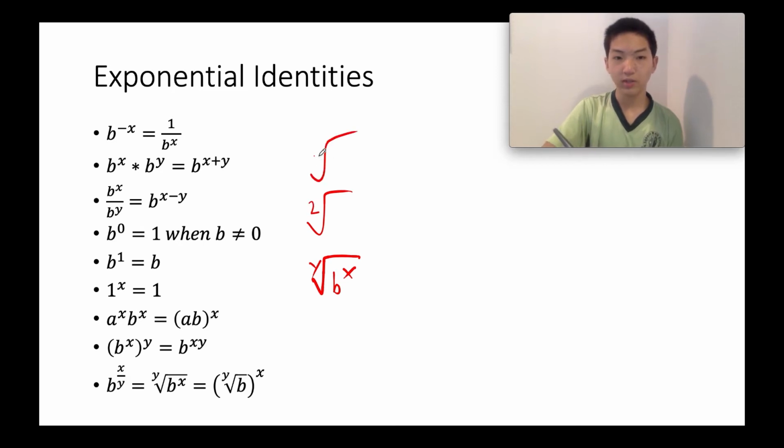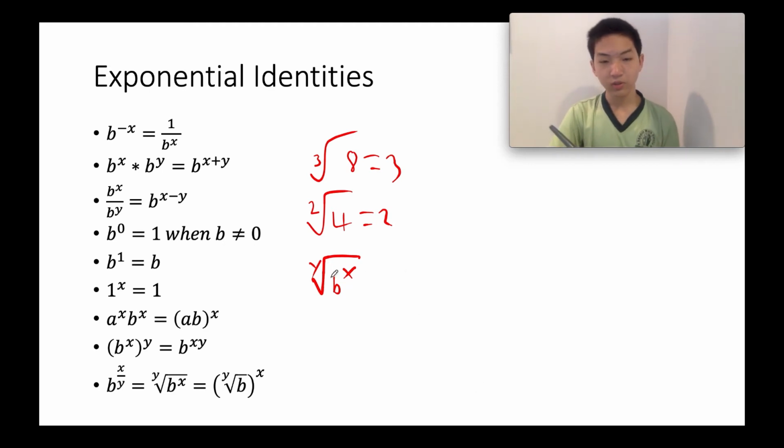If you do write a 3, this means the cube root. So the square root of 4 is equal to 2. The cube root of 8 is equal to 2. So what this means is that the yth root of b to the x, that's just what this expression means, and it is also equal to the yth root of b taken to the x power. So this is pretty important to remember.